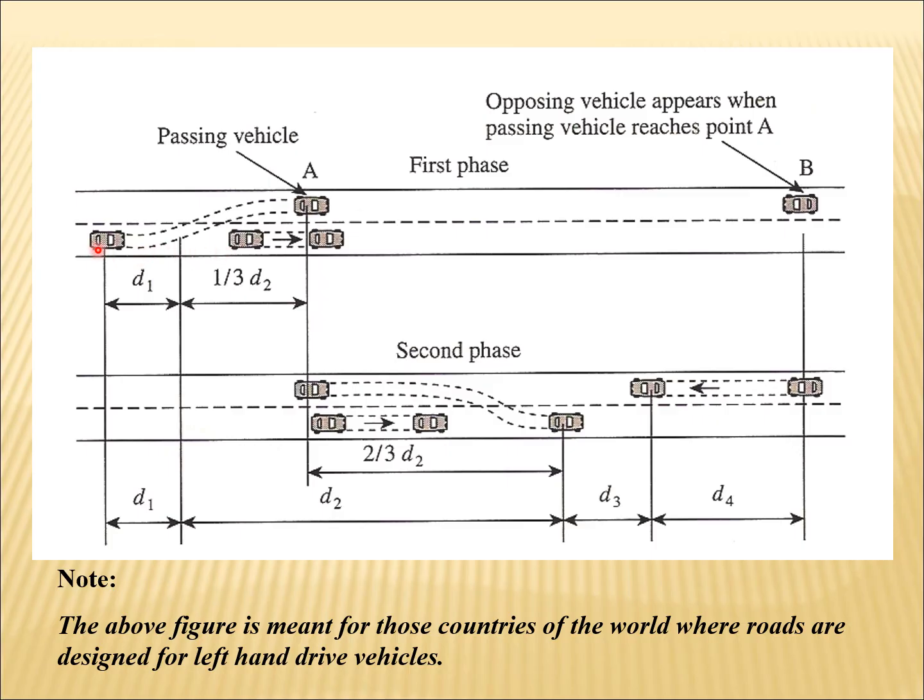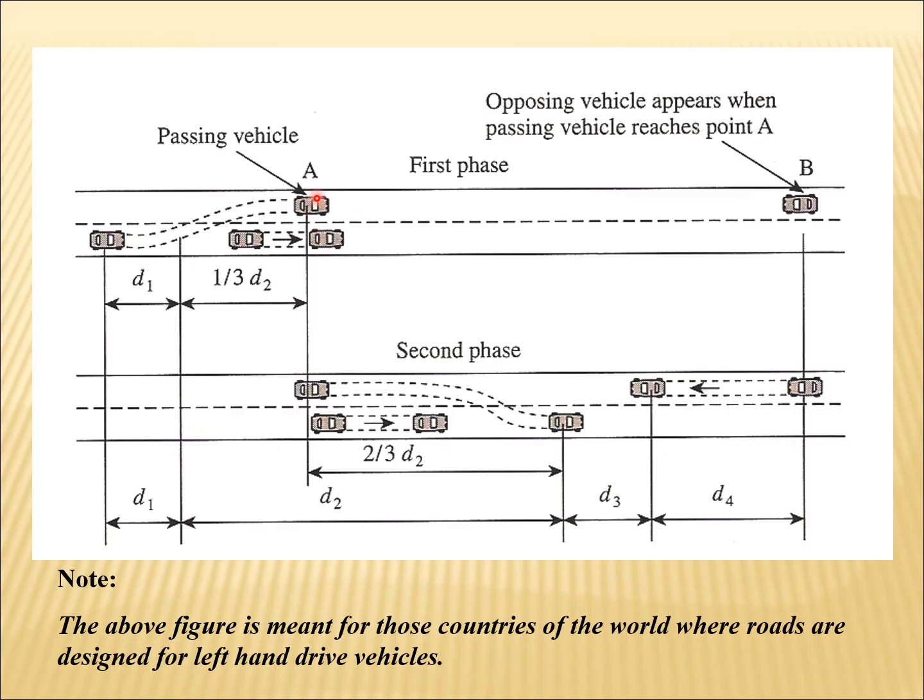So first the driver of this vehicle will reduce the speed for some time, and then this driver will accelerate this vehicle and will enter the opposite lane like this. Meanwhile this overtaken vehicle has covered the distance from this point to this.